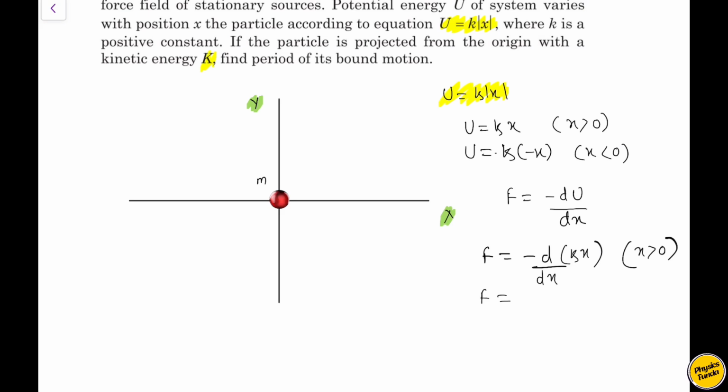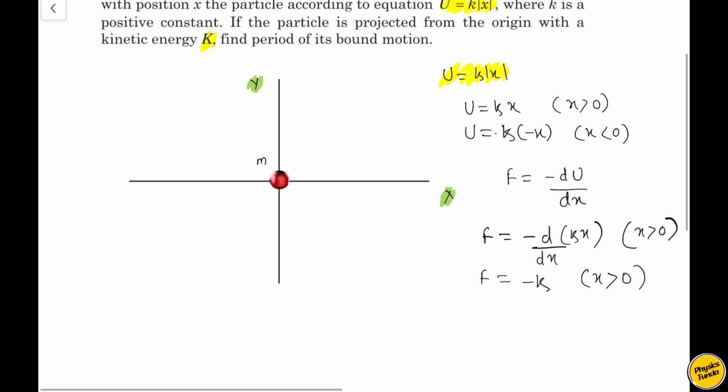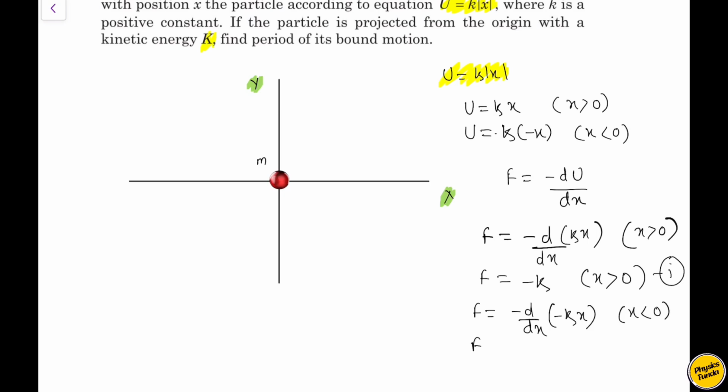That means F is minus k if x is greater than 0. This is my equation 1. Similarly, F is equal to minus d of dx of minus kx if x is less than 0, so F is k if x is less than 0, right?